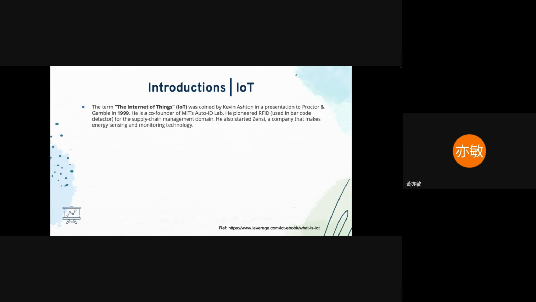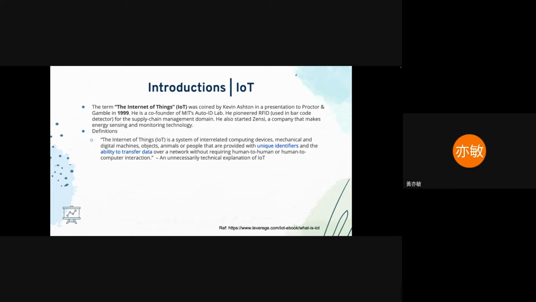The next one is the IoT. Well, IoT stands for the Internet of Things. Most of us are already familiar with the term IoT, but it actually appeared in 1999, more than 20 years ago. It tried to connect everything together.